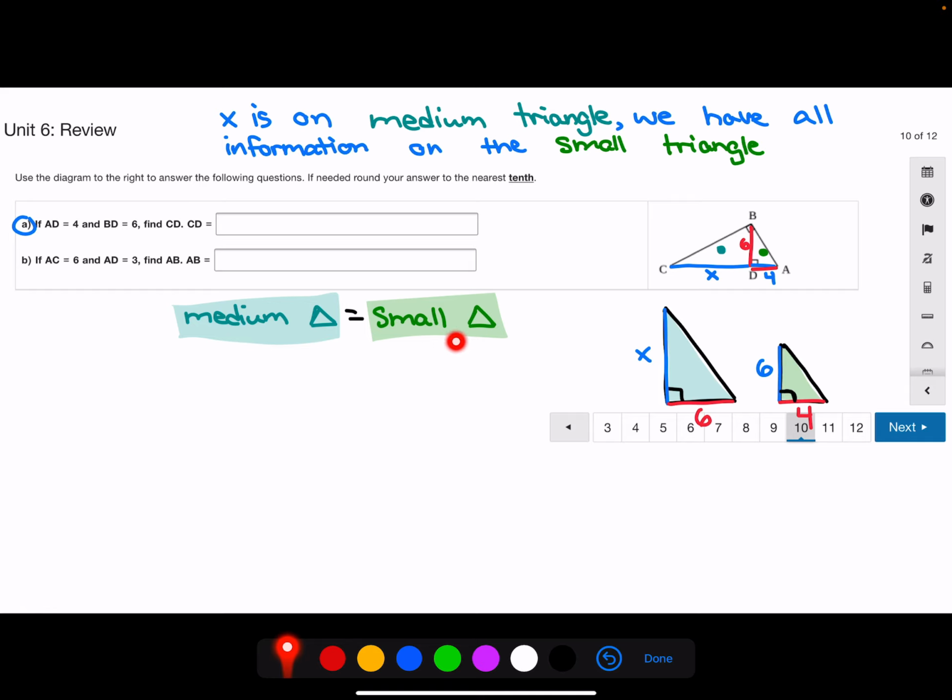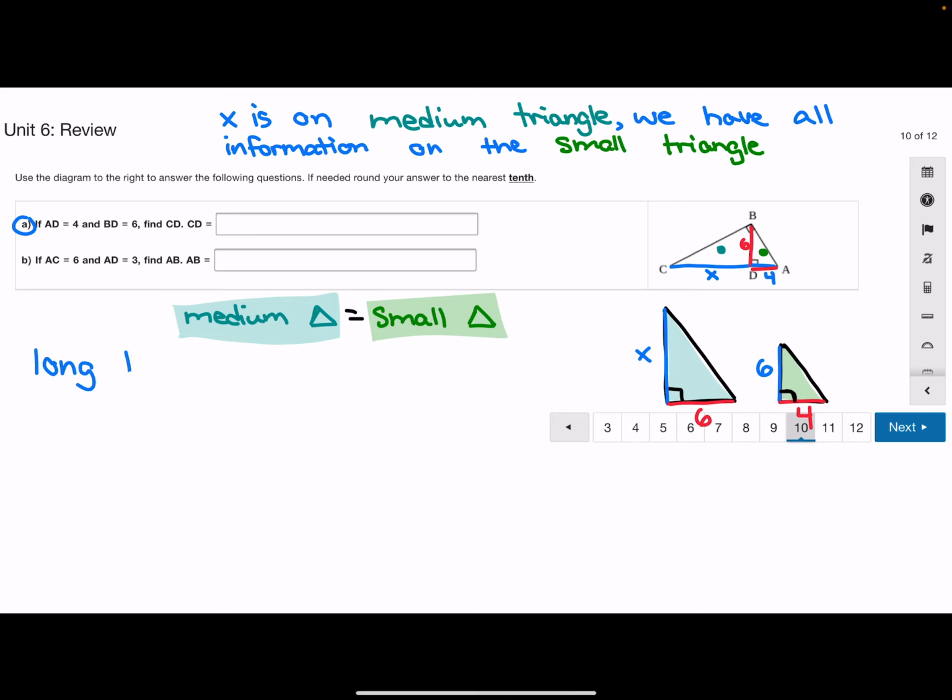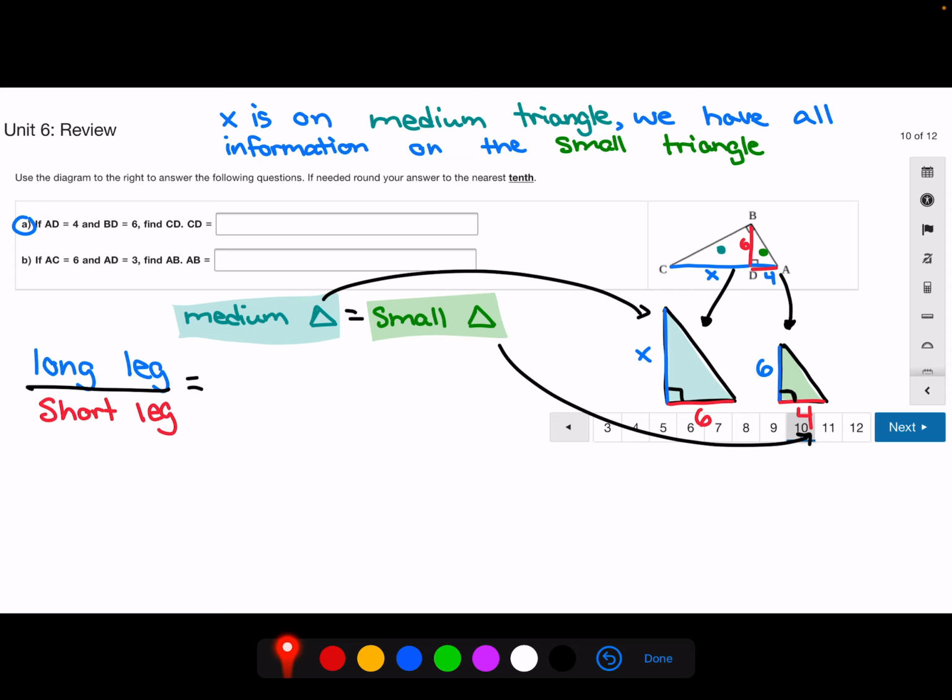Now for my ratio, I'm using the medium triangle is equal to the small triangle. So the medium triangle's ratio will all be on the same side. The small triangle will all be on the same side. Using long leg over short leg, I'm going to have the ratio of X over 6 equals 6 over 4.